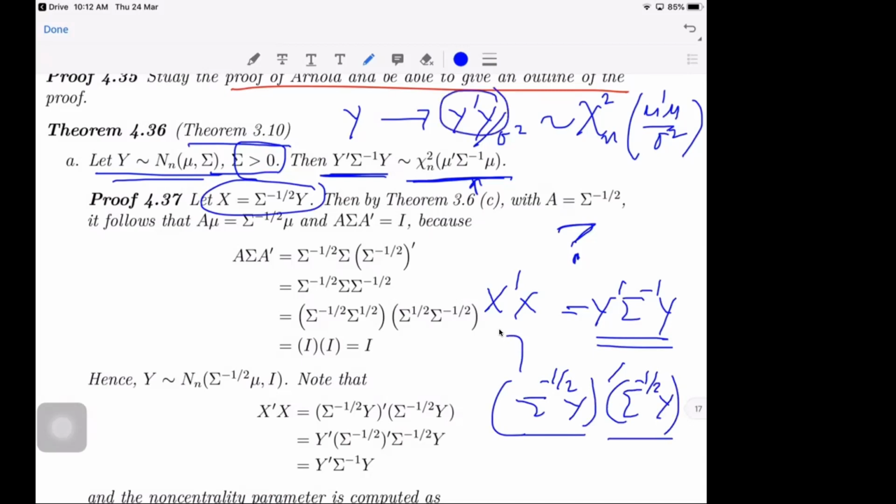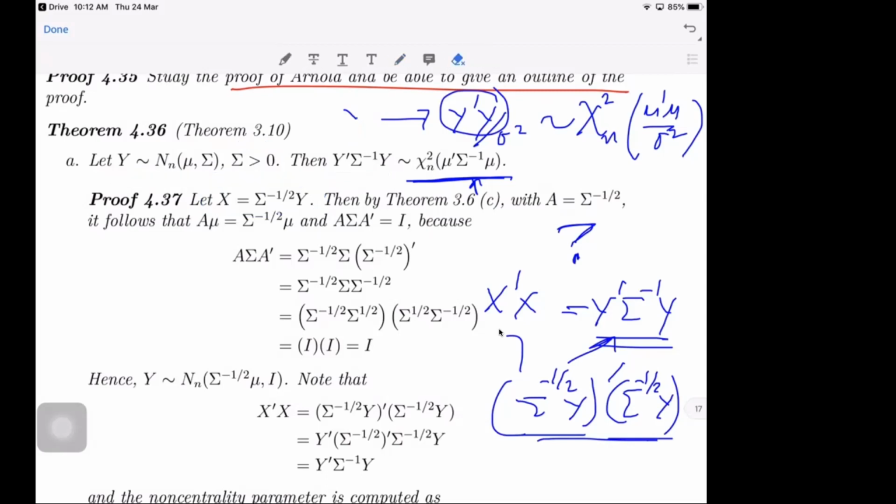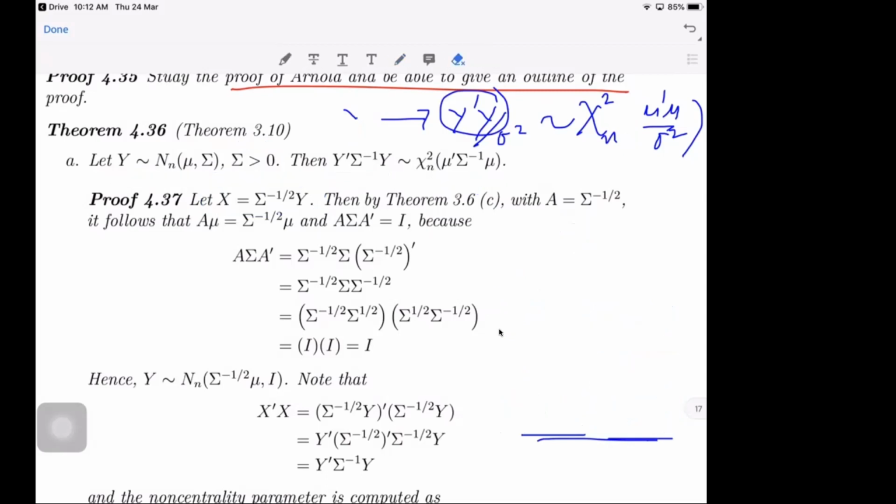The candidate is sigma raised to the negative 1/2 y, then sigma raised to the 1/2. So when you multiply, it becomes y prime sigma inverse y. So this is the candidate of your variable for x prime x, no?